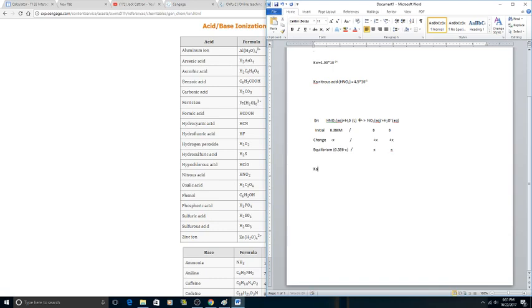So our Ka is equal to products over reactants, which is going to look something like this. This is what I'm trying to do, the conventions that I was taught.